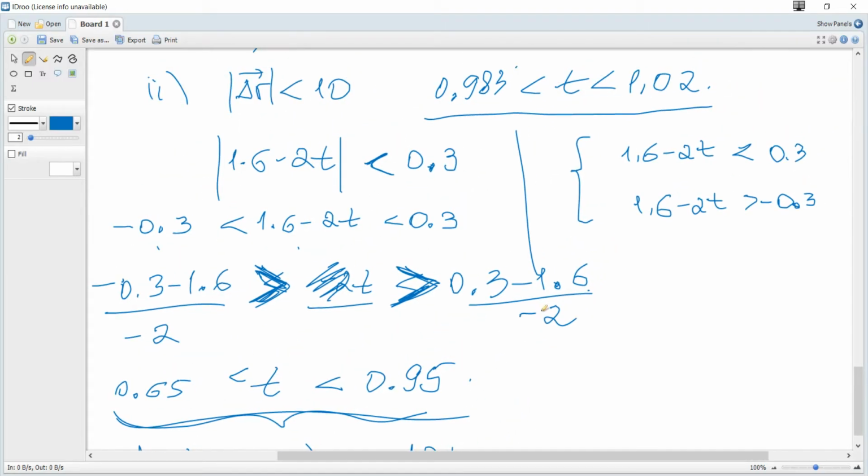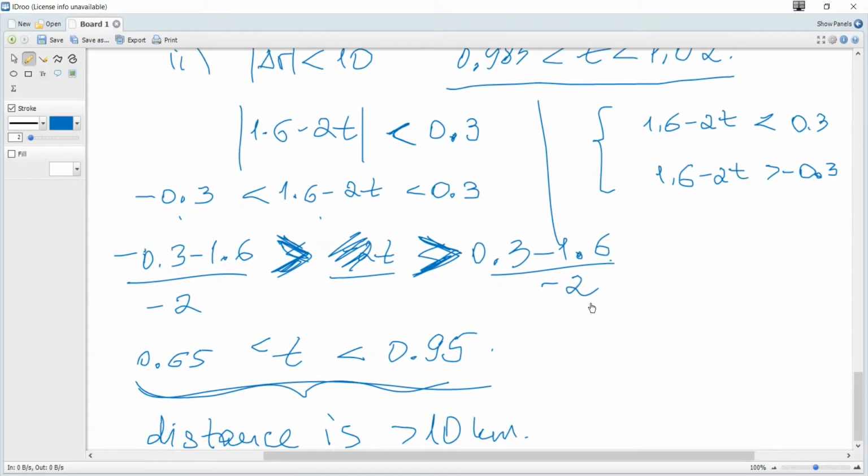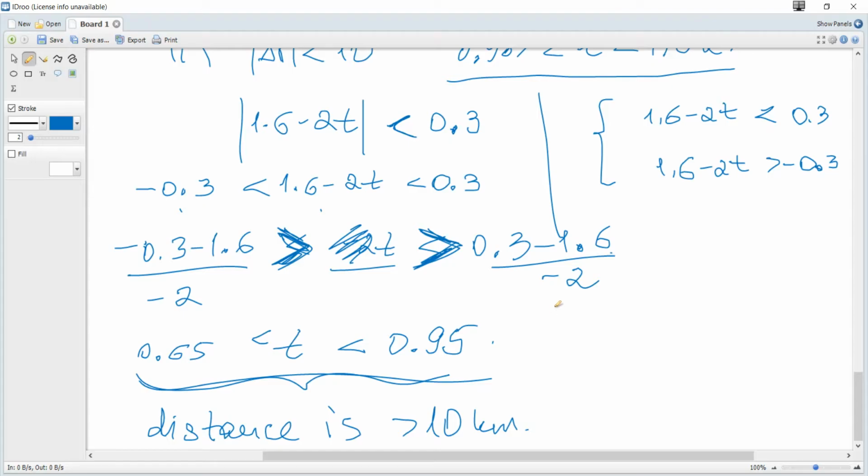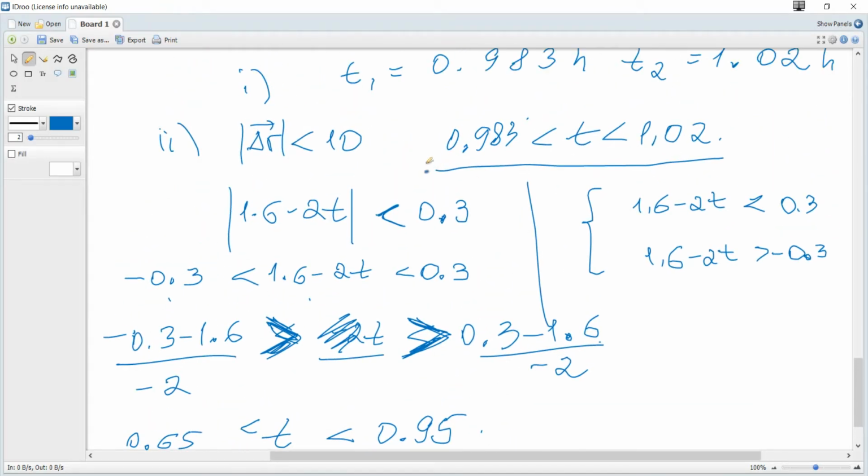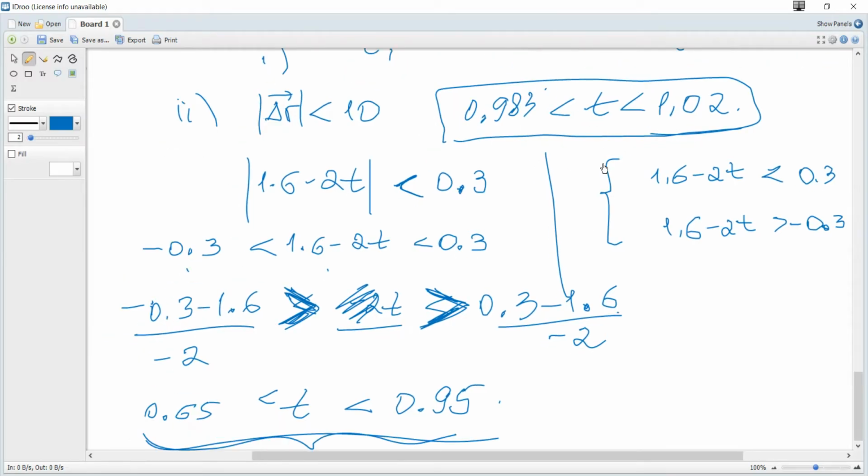And for other time intervals, height will be greater than 300 meters. So for the time interval when the distance between them is less than 10 kilometers, the height between them is greater than 300 meters. But if height is greater than 300 meters, it doesn't matter what the distance between them is.